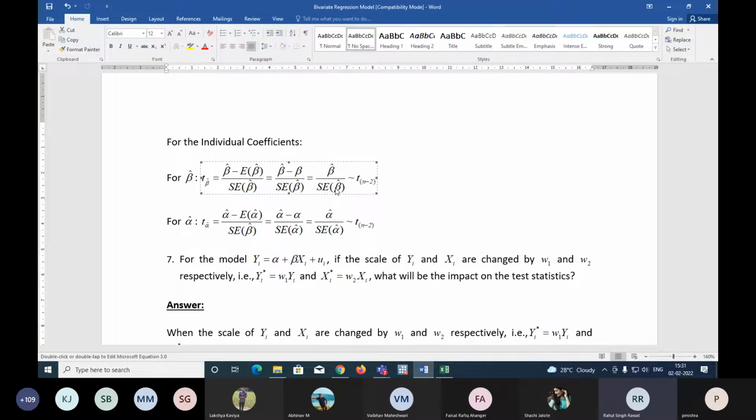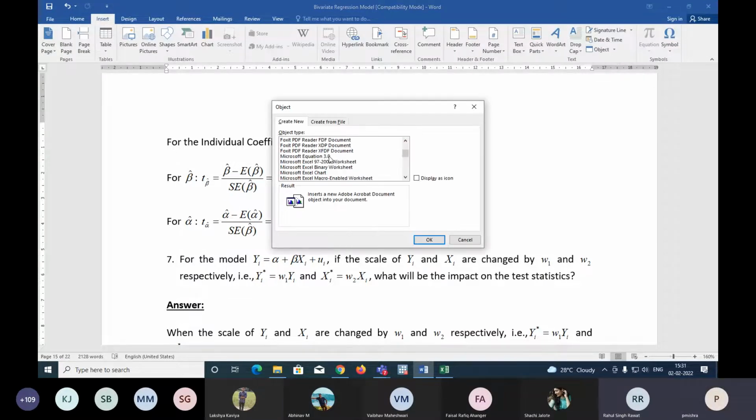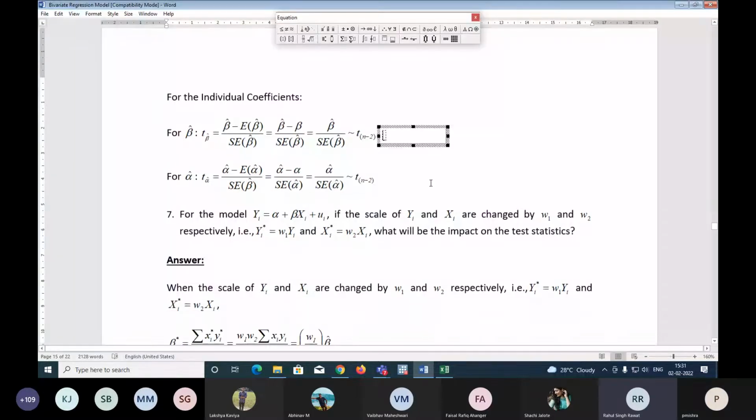Could you repeat, sir? So standard error is sigma hat square divided by? See, I'll just insert that formula.